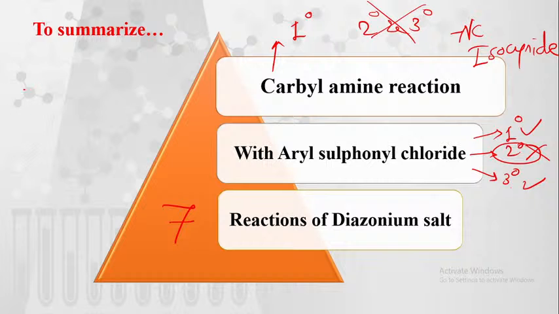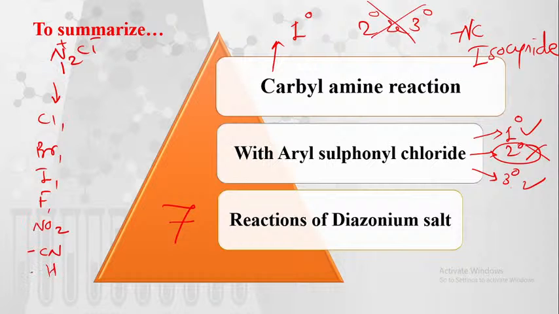We have substituted this N2 plus Cl minus group with chlorine, bromine, iodine, fluorine, then the nitro group, then the cyano group, then hydrogen, then the OH group. So with this, we conclude this session.